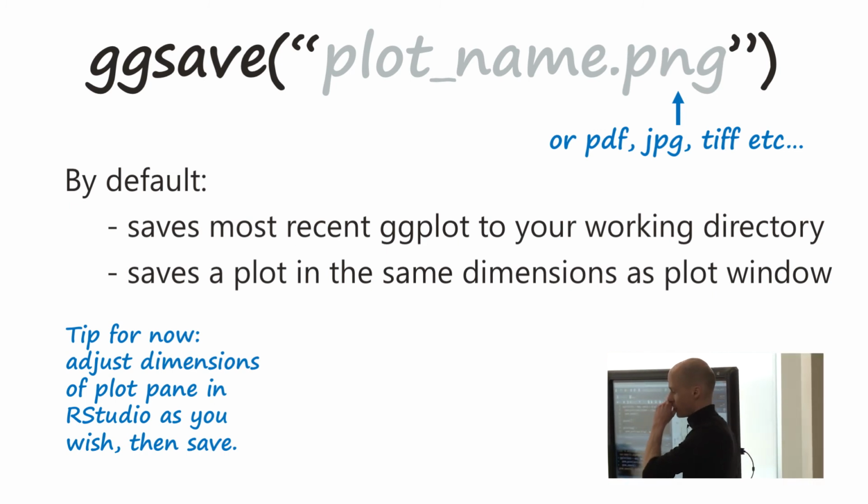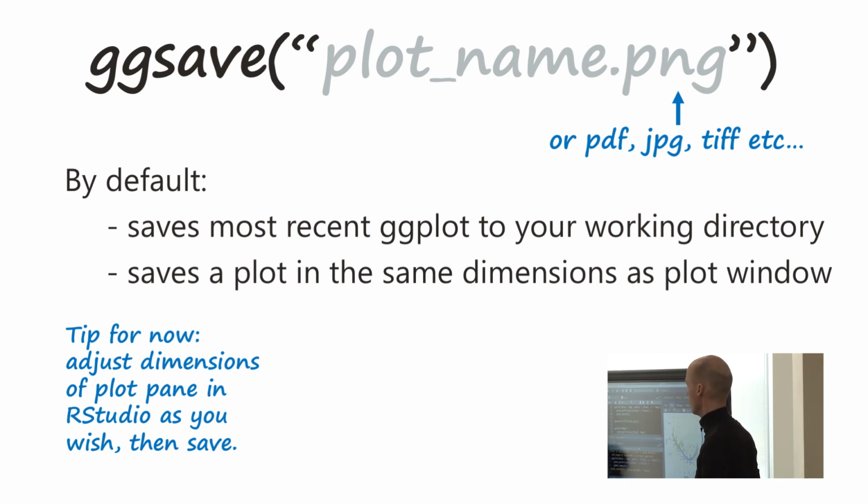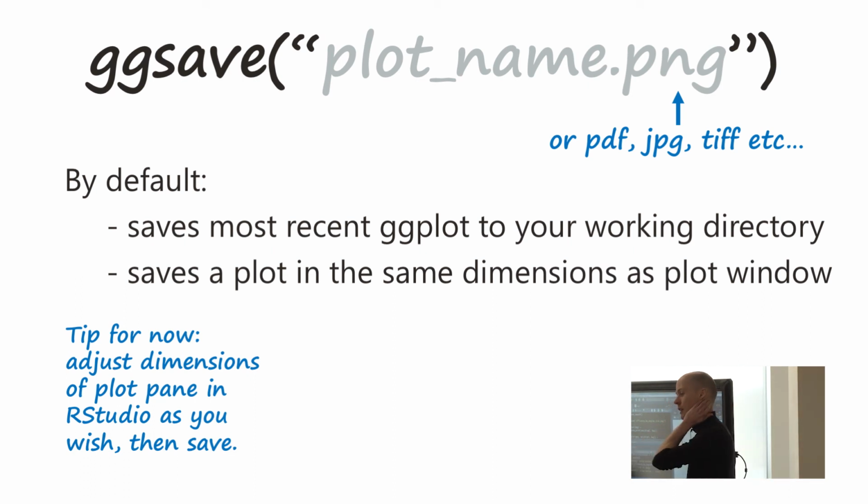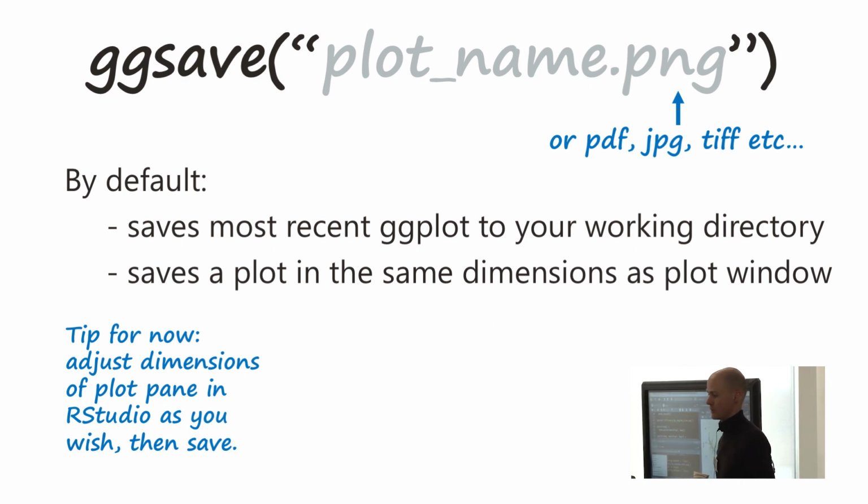I've chosen .png, which is a high quality output, but you could do JPEG if you want, or PDF. You will notice if you went to the directory and opened the file that you created, it probably saved in the dimensions of your plotting window here.